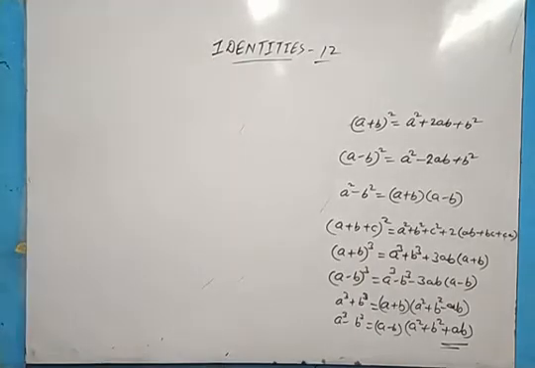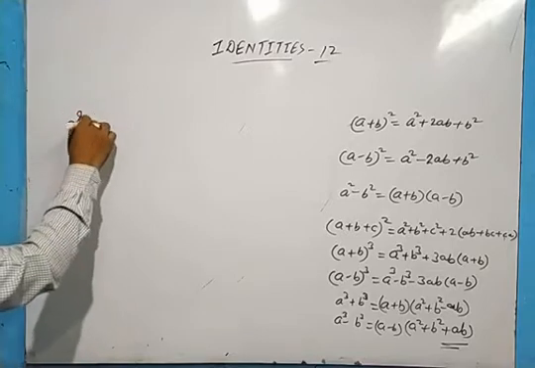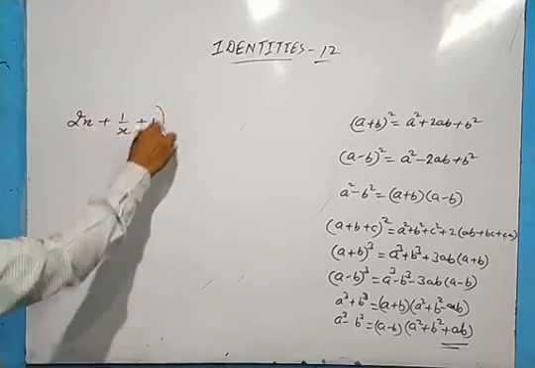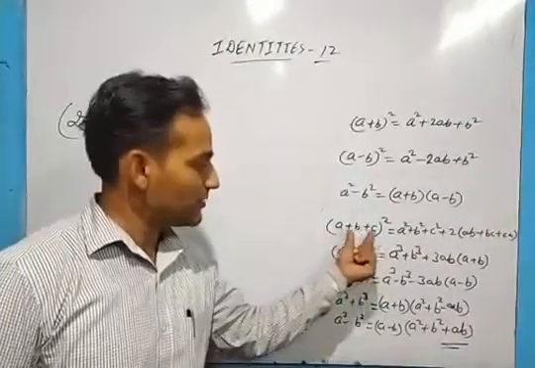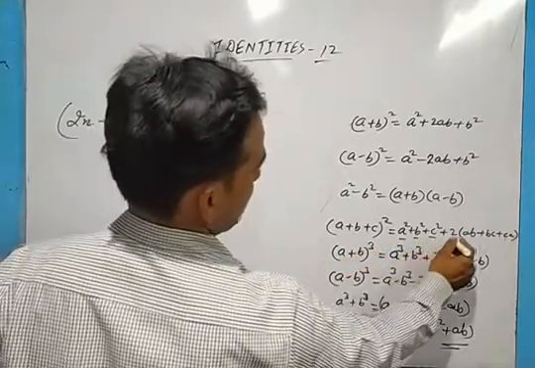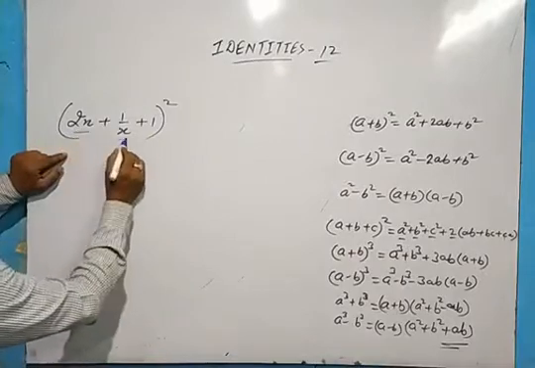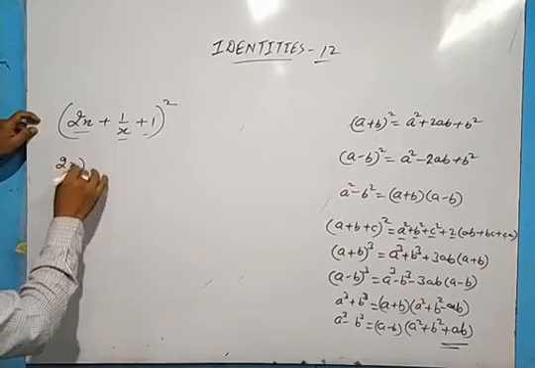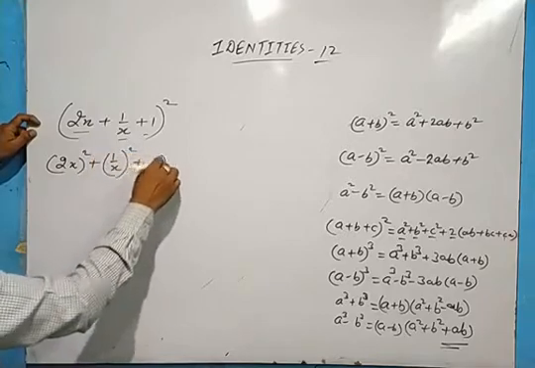Now questions on some more. The question is (2x + 1/x + 1) whole squared. Now which formula? We will take (a + b + c) whole squared. The formula is a squared plus b squared plus c squared plus 2ab plus 2bc plus 2ca. Now here we have a, b and c. So a means 2x, b means 1/x, c means 1.